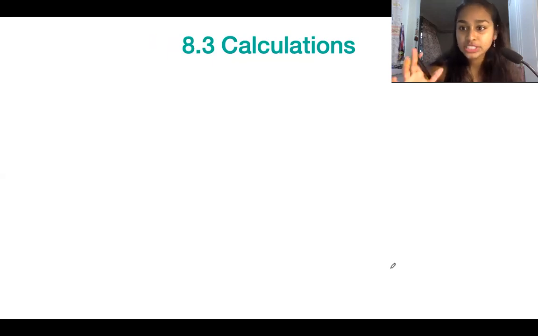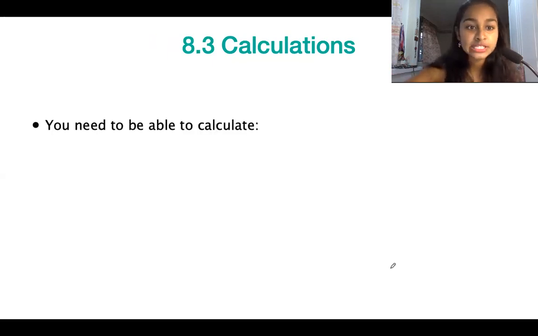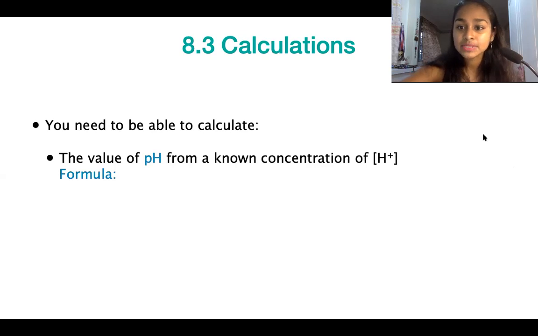So let's have a look at a couple of calculations then. First of all, what do you need to be able to calculate? Well, there are two main things. You need to be able to work out the value of pH from a known concentration of H+. The formula we've already looked at is pH equals negative log to the base 10 of H+.